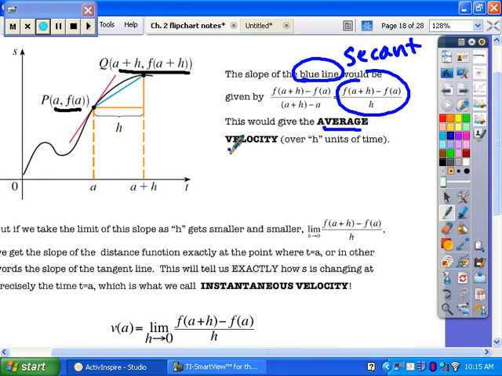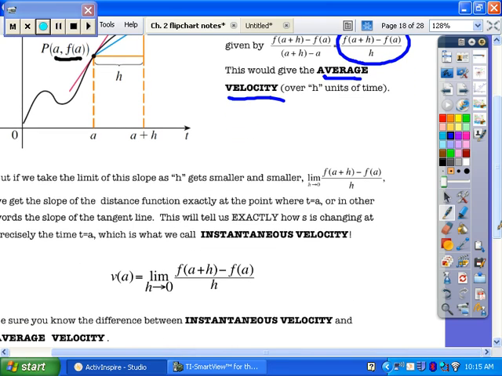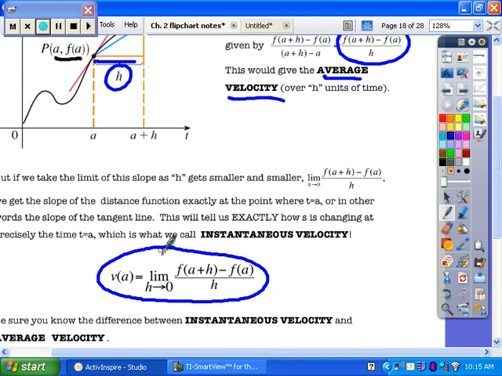That's the average velocity, the average rate of change. That's the slope of your secant line. When we take the limit as this h, this distance, goes to 0, then we have the instantaneous velocity, or the slope of the tangent line. So this is our tangent line.